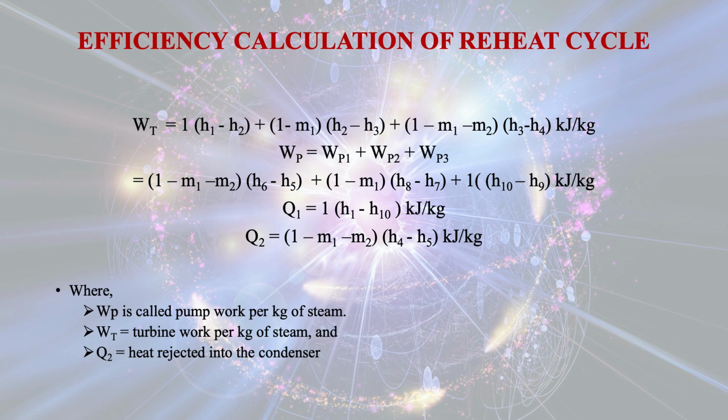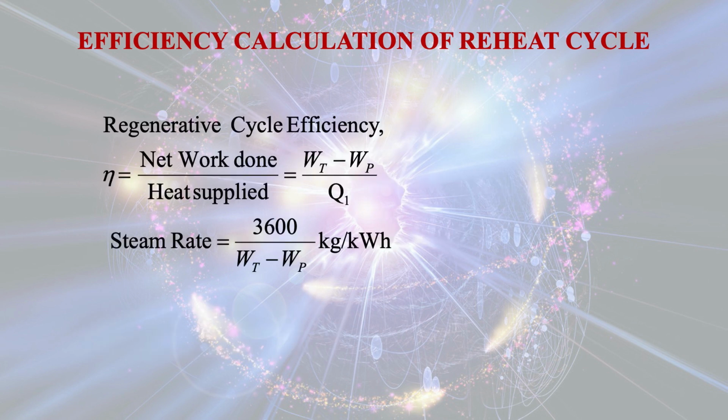Now the regenerative cycle efficiency is equal to net work done by net heat supplied. The net work done is (WT minus WP) divided by Q1, because efficiency is defined as output by input. Here the output is the net work, that is WT minus WP, and the input is Q1.